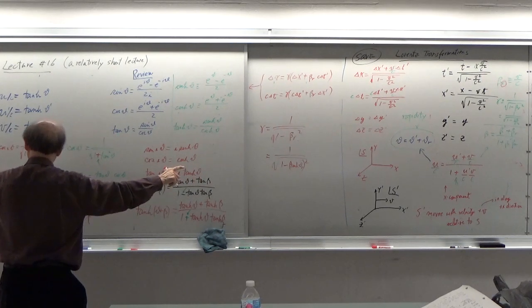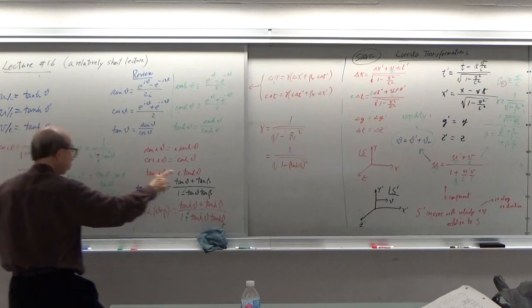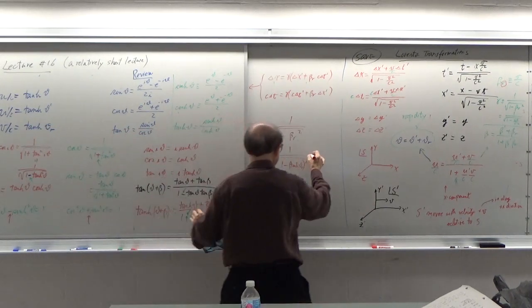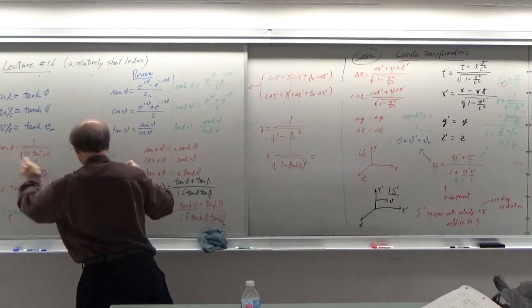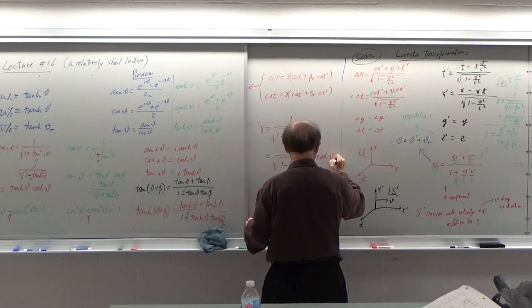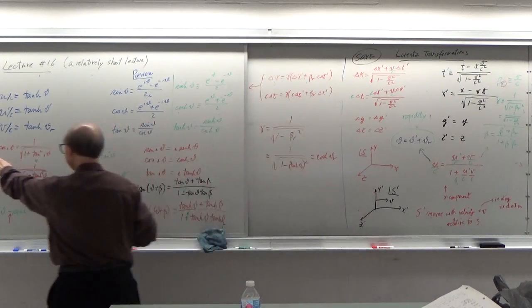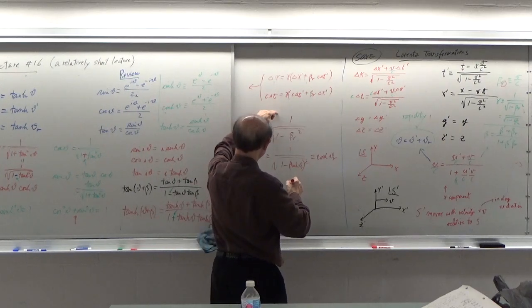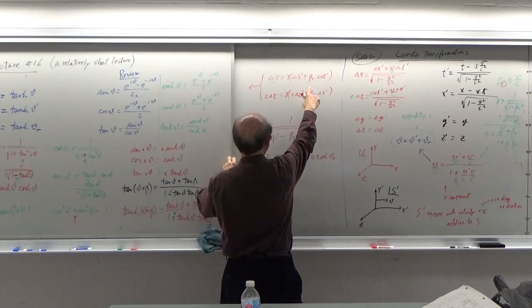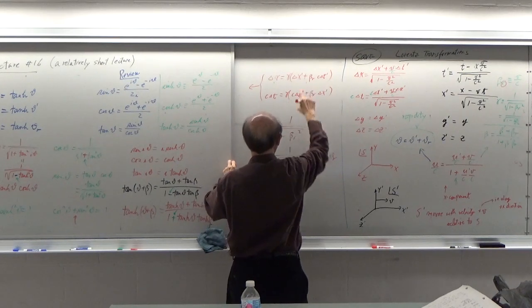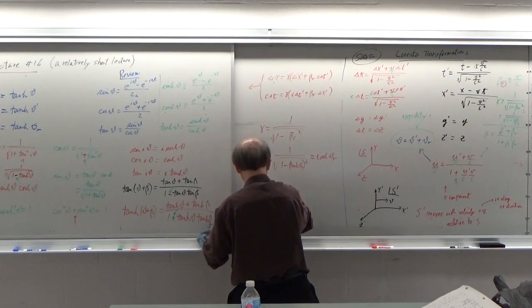I call theta r. So 1 over square root of 1 minus tangent squared is nothing but cos of theta r. And so this is what gamma is. If I multiply by beta r here, I have gamma beta r.